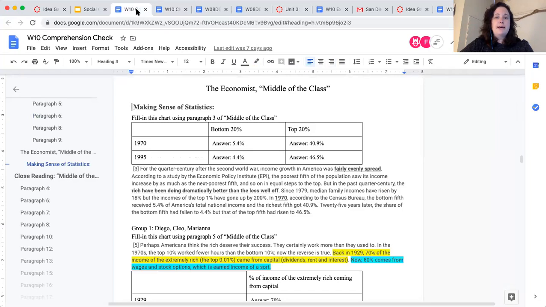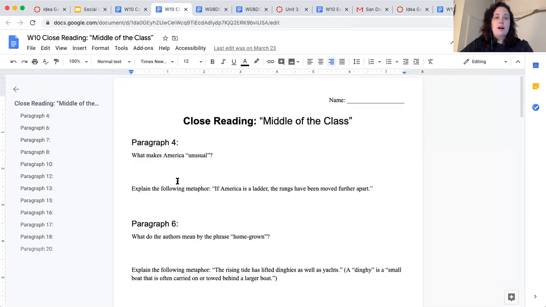So let's go ahead, and I've got, what makes America unusual? Explain the following metaphor: if America is a ladder, the rungs have been moved further apart. So it's a little bit tricky, we may not be exactly sure. So you might want to look at your answers, you might want to look at the text.